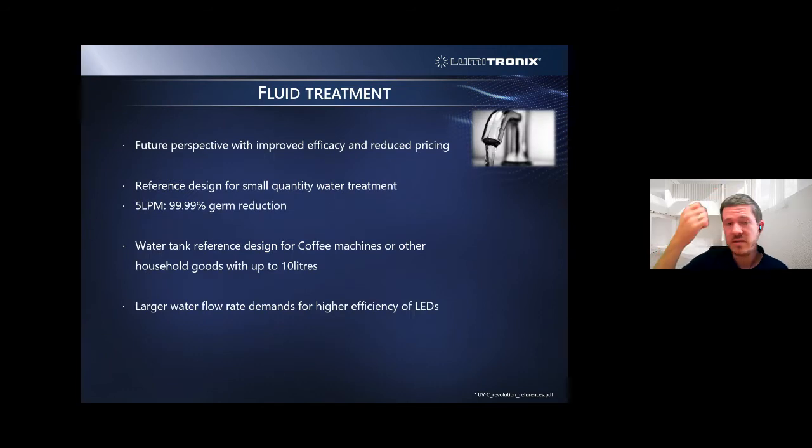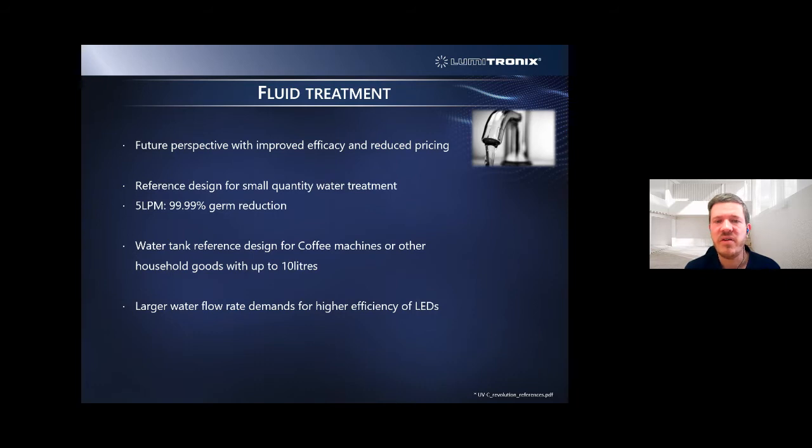So last but not least, for the far future, we see that fluid treatment is the main future perspective opening up right now. We do have reference designs for small quantity water treatment at the moment with a size of 5 liters per minute, and water tank reference designs, for example for coffee machines or other household goods, with up to 10 liters of water tanks.